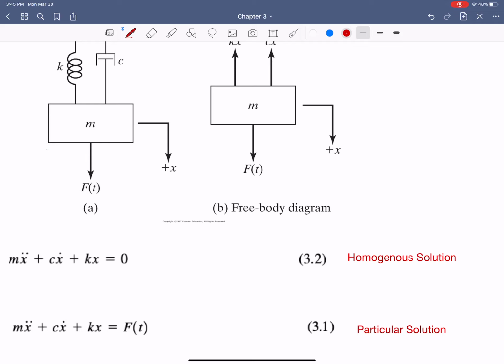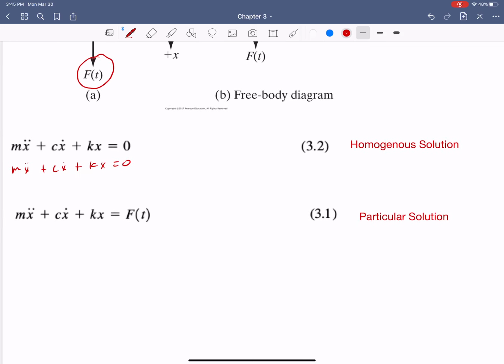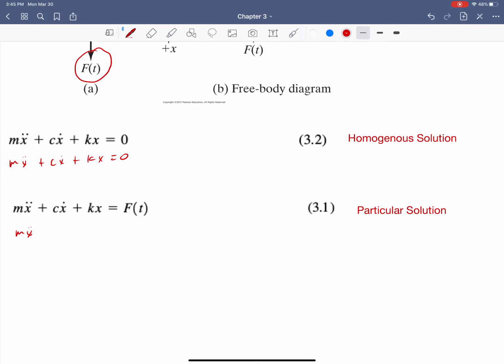So all of a sudden, we are adding an additional force to our system. And we are going to go from mx double dot plus cx dot plus kx equals 0 to this new equation, mx double dot plus cx dot plus kx equals f of t, where f of t is a magnitude force times some harmonic function.